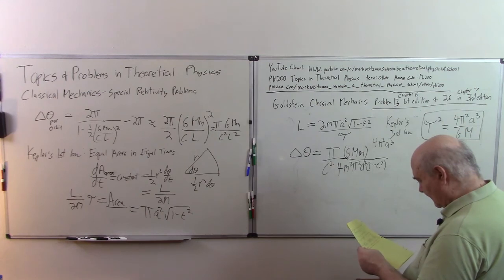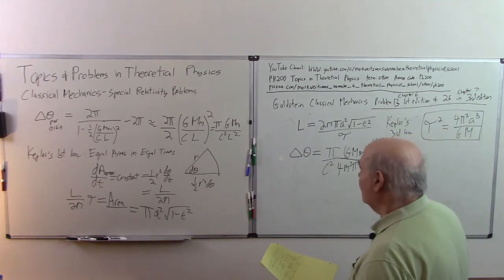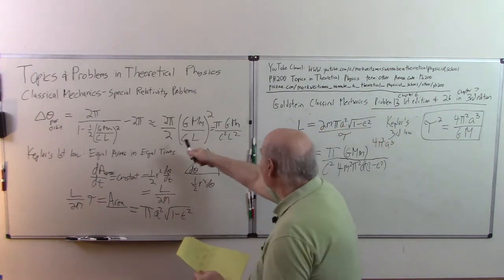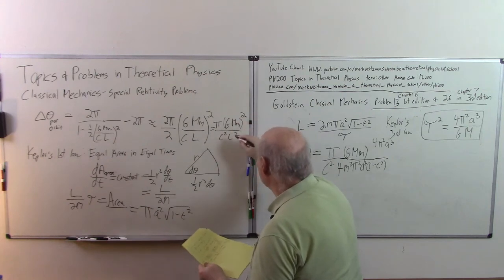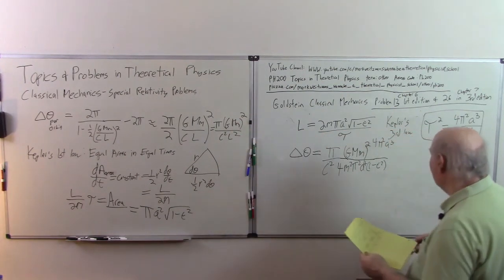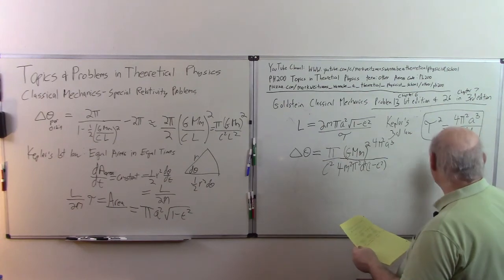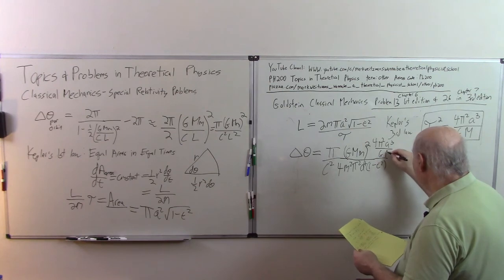Every time I do this, I get something different than my notes. Okay, this is obviously wrong. This is pi GMM squared over c squared L squared. I should have pi over there. Then I get tau squared, 4 pi squared a cubed over GM.